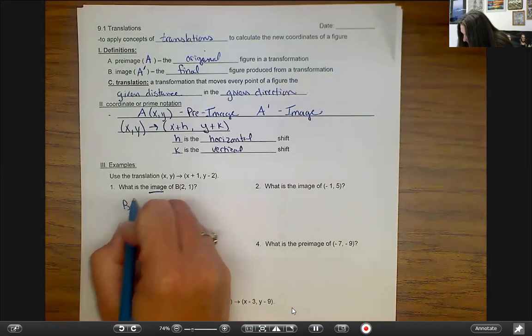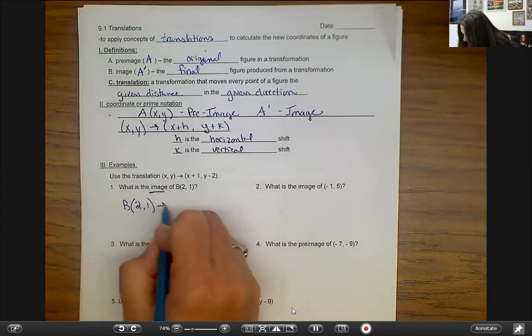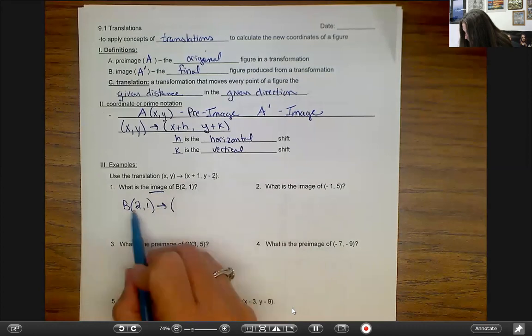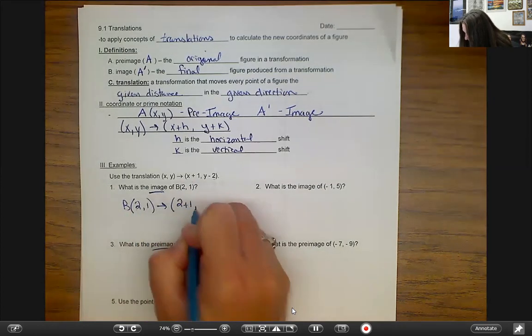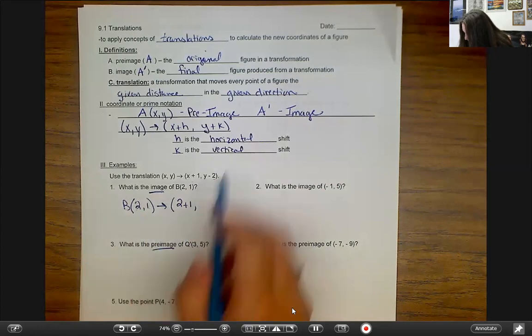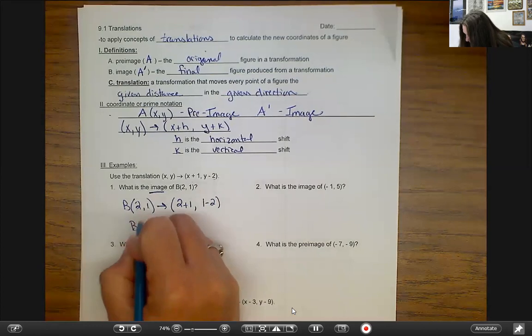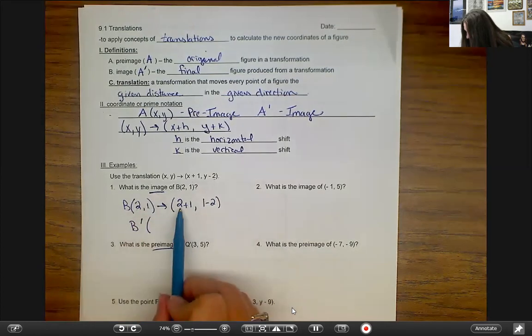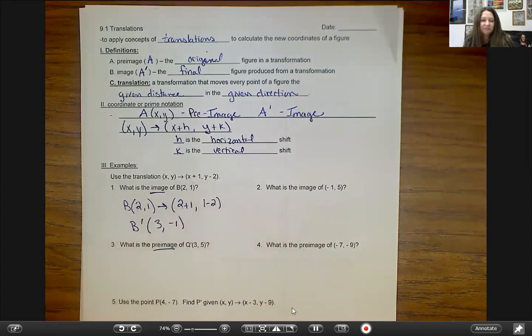So B is going to start at 2, 1. And we're going to plug that into this rule. So the x coordinate was 2, so we're just going to have 2 plus 1. And then the y coordinate was 1, so we'll have 1 minus 2. So B prime will be located now at 3, negative 1.